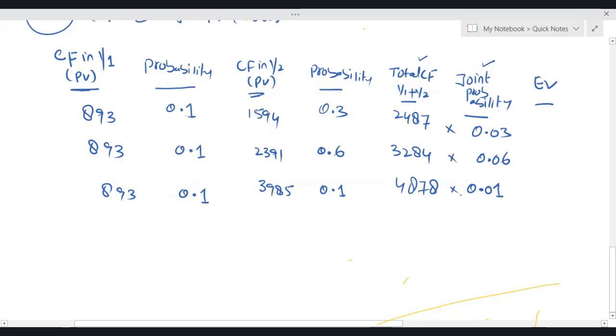These are the two columns, I'm multiplying them. 2487 into 0.03, I'm getting 74.61. 3284 into 0.06, I'm getting 197.04. So take it 197. 4,878 into 0.01, 48.78.